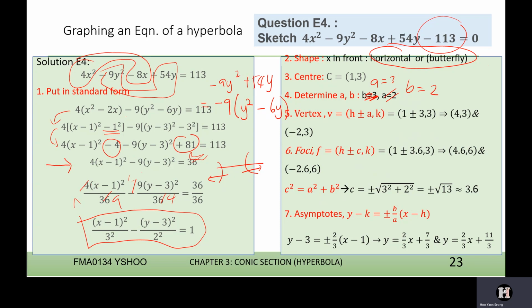As I said just now, root 13, I don't know what it is, so we use the approximate, about 3.6, for easy calculation. And since we have our asymptote, y minus 3 is taken from here, x minus 1, and the value below our y is 2, so we have 2 over 3.